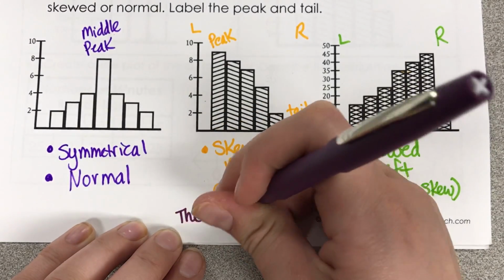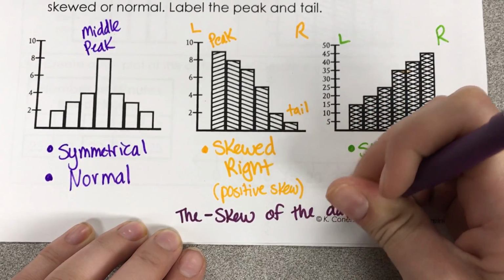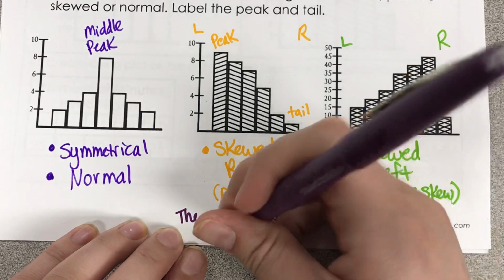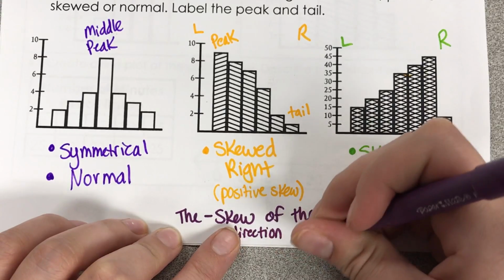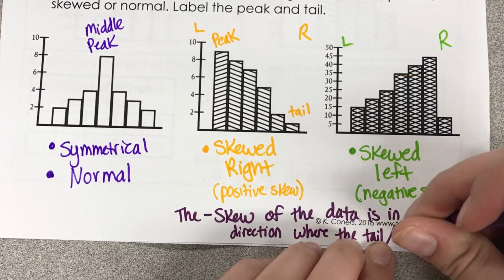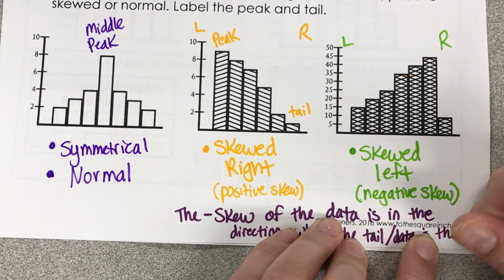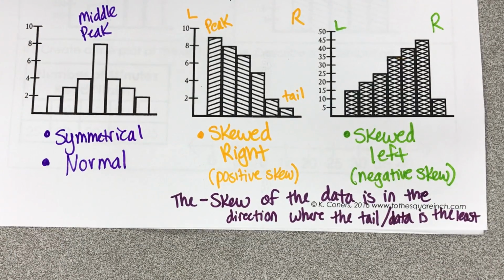The skew of the data is in the direction where the tail or data is the least. Okay, I've been covering that up while I'm talking, so make sure you get that on your paper. I'm sorry to cover that up while I was explaining that.